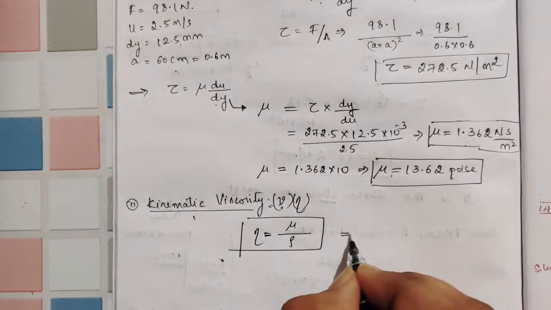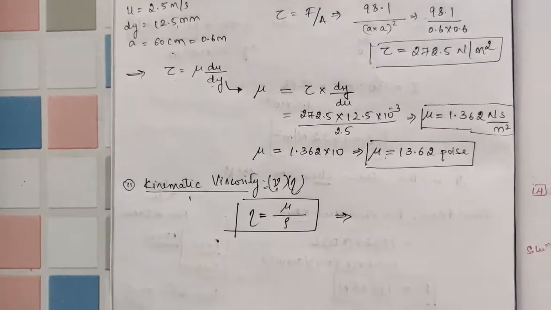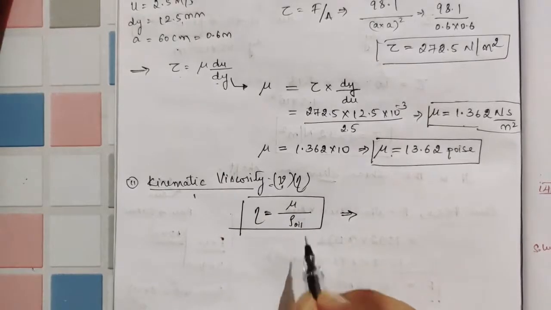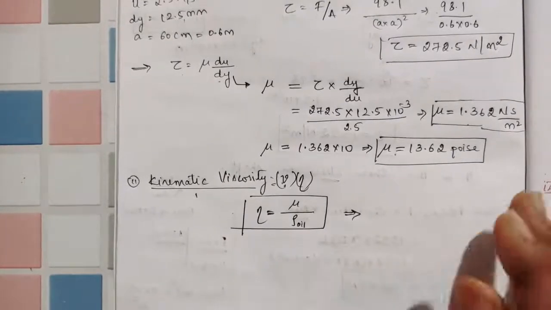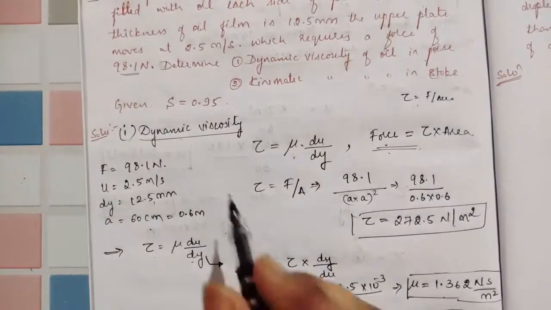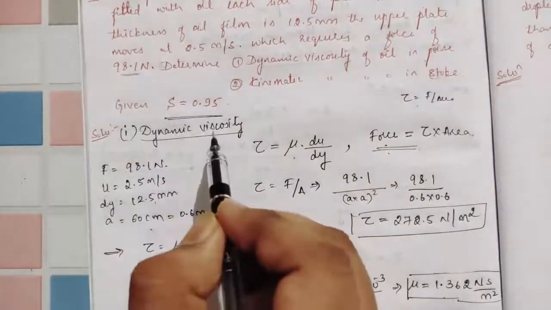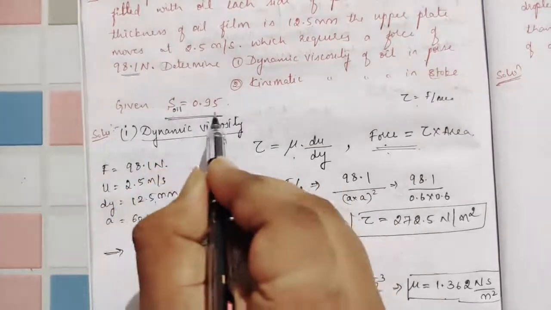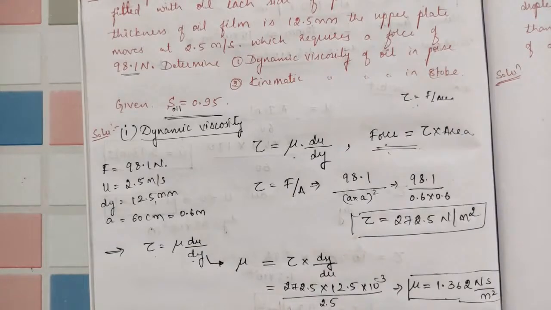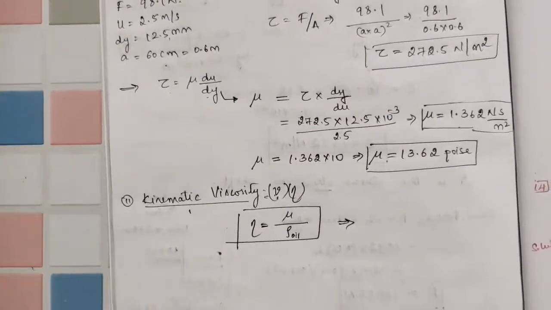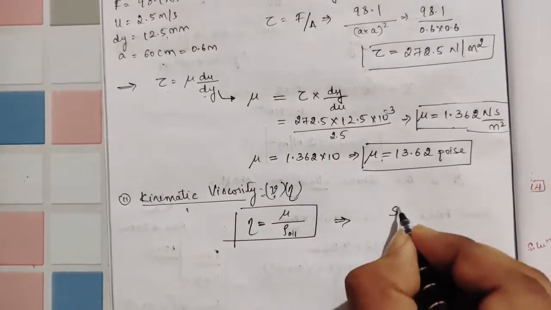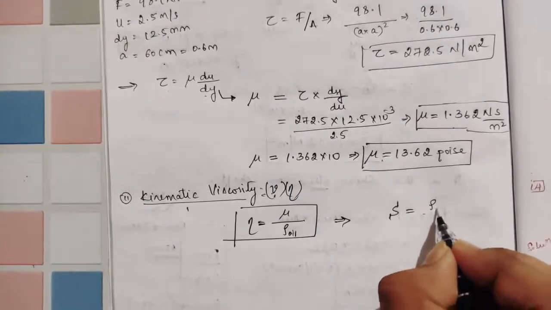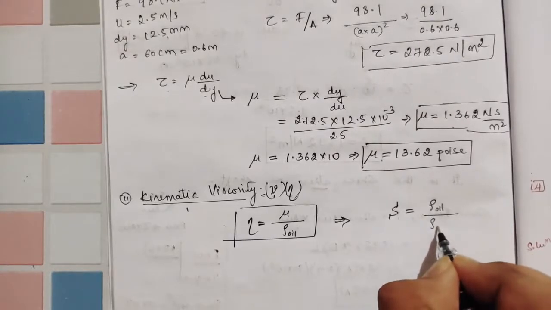Now, I don't know the density of oil. But in the question they have mentioned that the specific gravity of oil is 0.95. So we know the relation between specific gravity and density: specific gravity is the density of oil to the density of the standard.